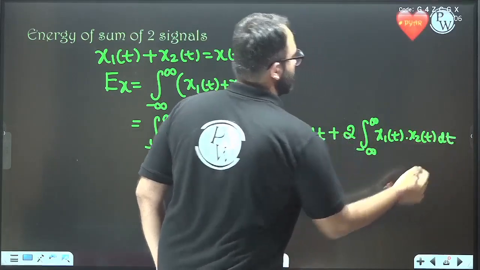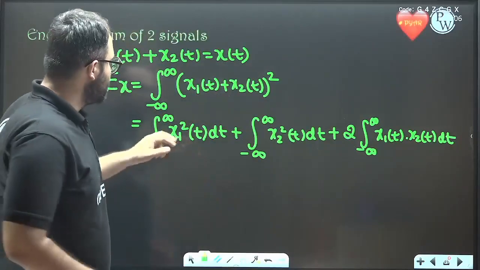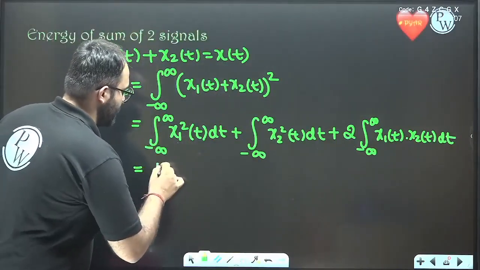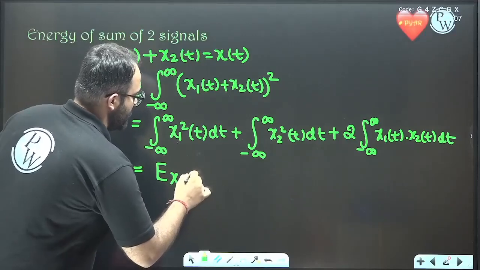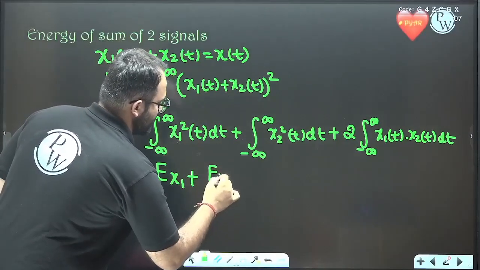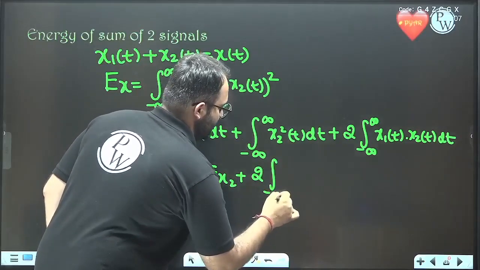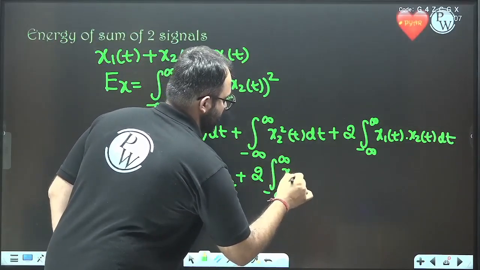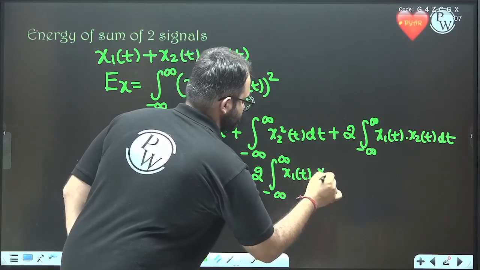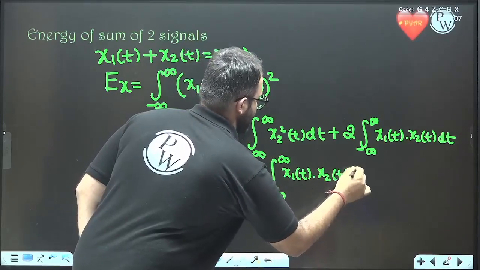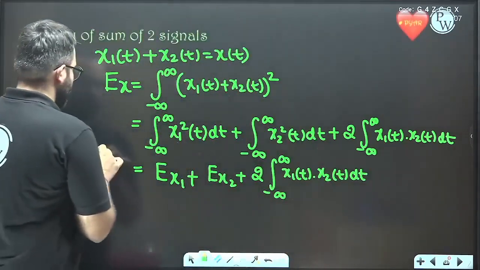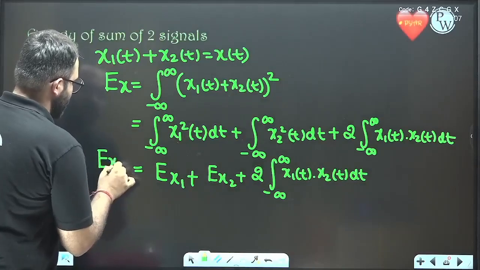So we can see that the first is the energy of x1, the second is the energy of x2, and the third term is 2 times the integral of x1(t) x2(t) dt. The total is the energy of x.